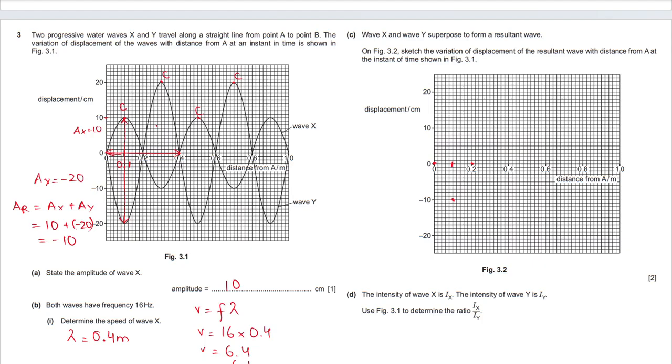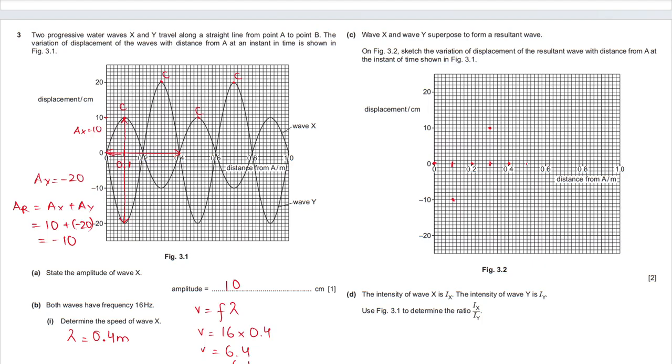Then again at 0.3, this time it's going to be positive. ओके, पॉजिटिव 10 होगा. अब इस पे हमारे पास एम्प्लीट्यूड इज गोइंग टू बी पॉजिटिव 10, देन अगेन इट्स गोइंग टू बी दिस.